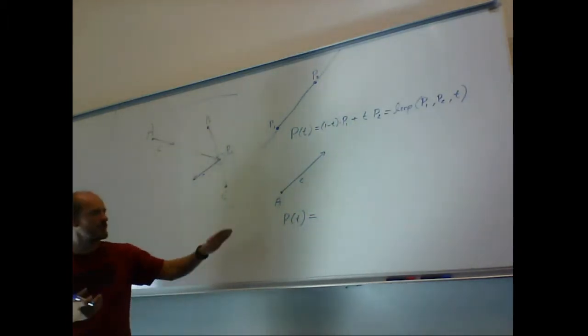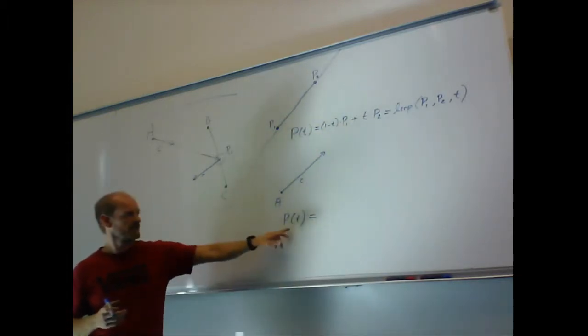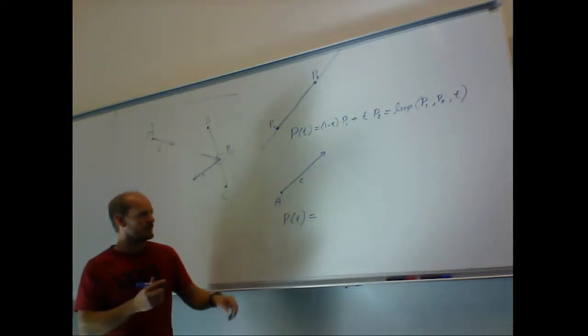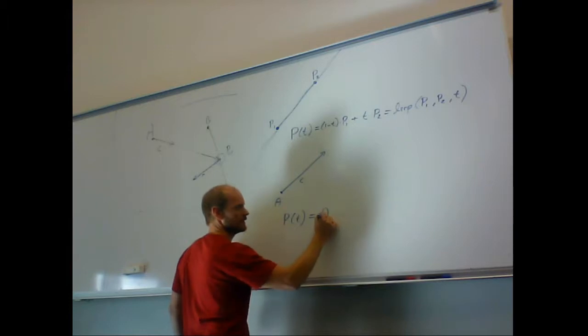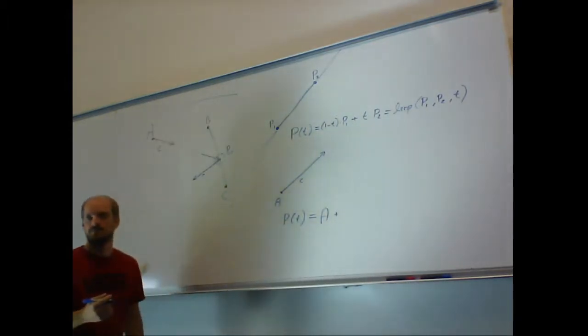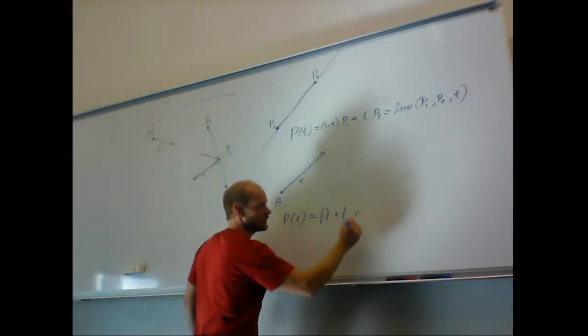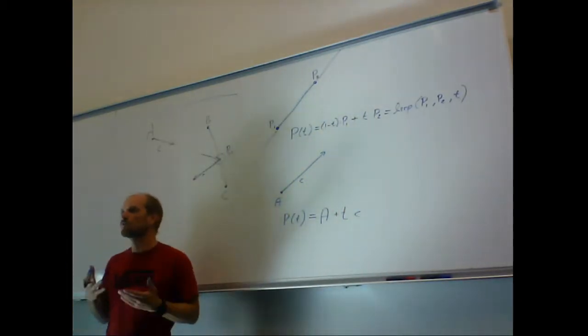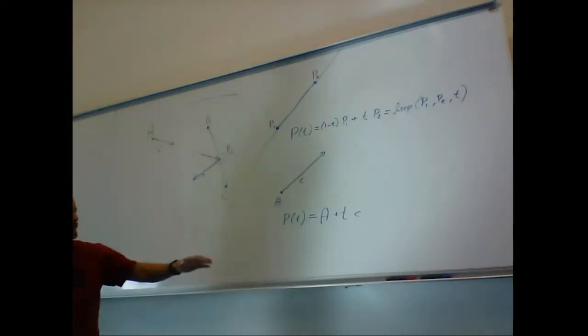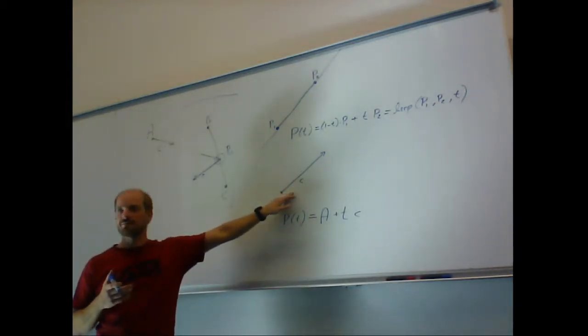I seed it with this number to get any point along the line. It would be A plus t times C, which is simply a linear formula. So I have a nice linear formula for a ray.